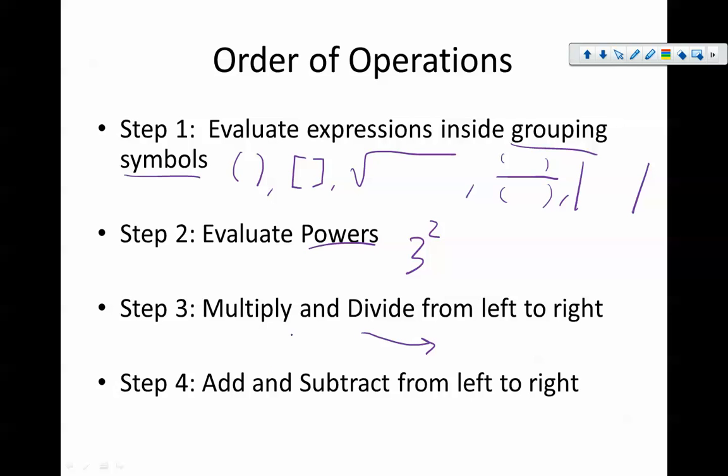And then finally, we add and subtract from left to right, addition first, then subtraction, though this one doesn't matter as much as long as you're using the correct symbol. So grouping symbols, powers, multiplication, division, addition, subtraction, those are the operations we are using, and this is the order that we do them.